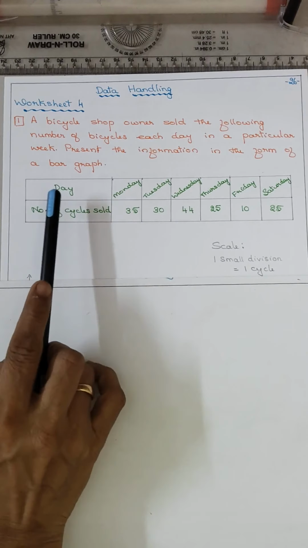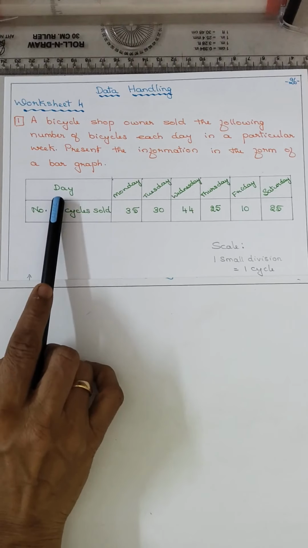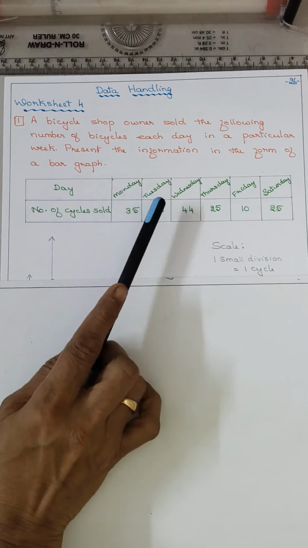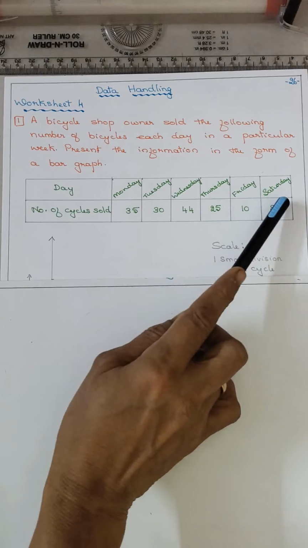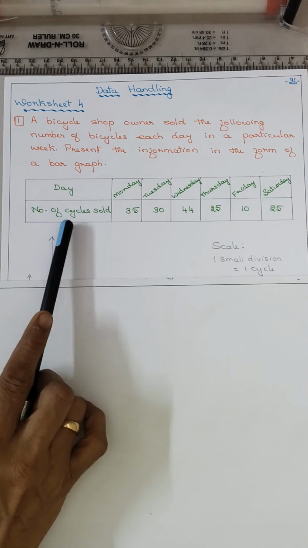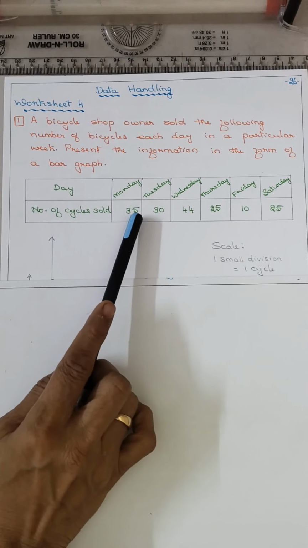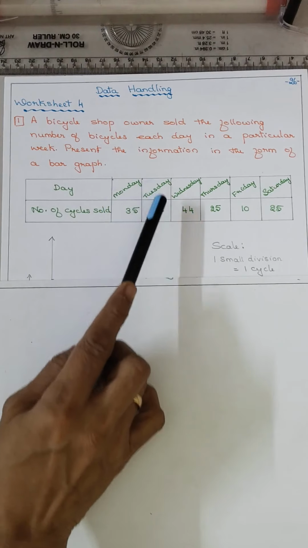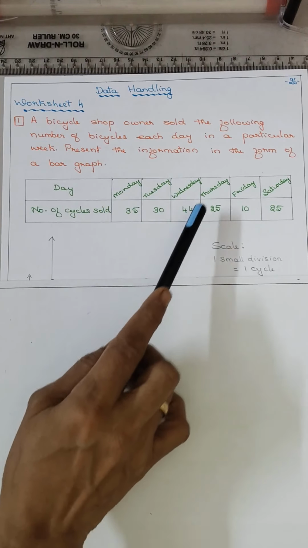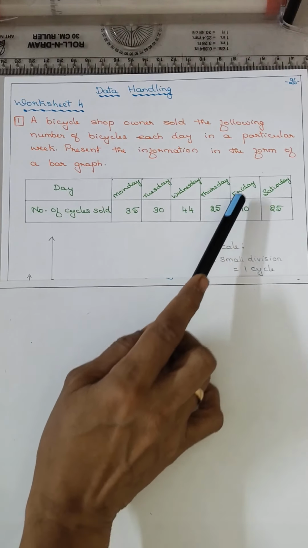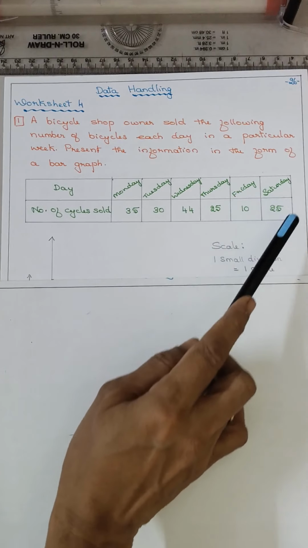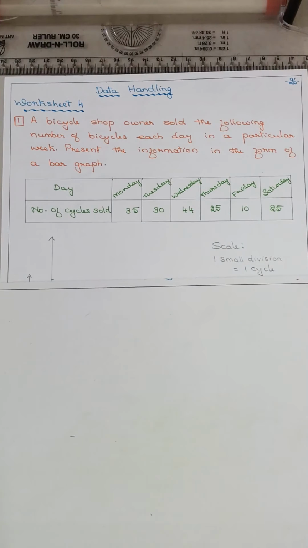Okay. So the table is given: day, that is Monday, Tuesday, Wednesday, Thursday, Friday, Saturday, and the number of cycles sold on Monday 35, Tuesday 30, Wednesday 44, Thursday 25, Friday 10 and Saturday 25.